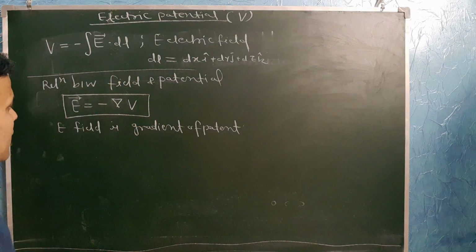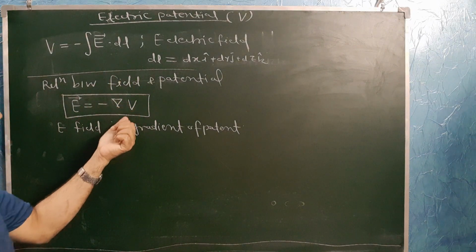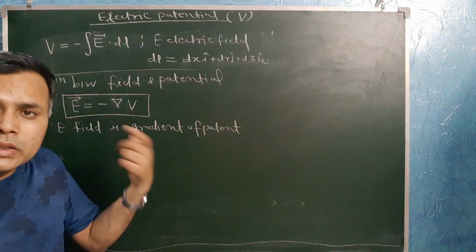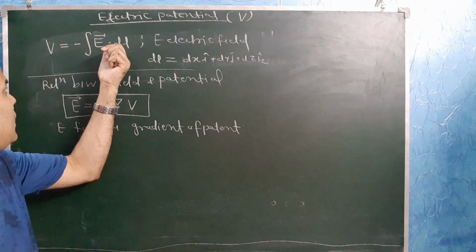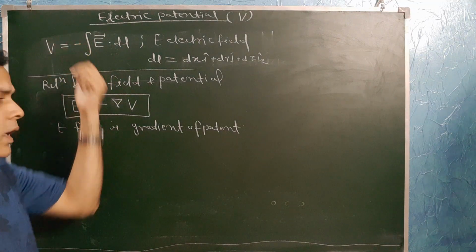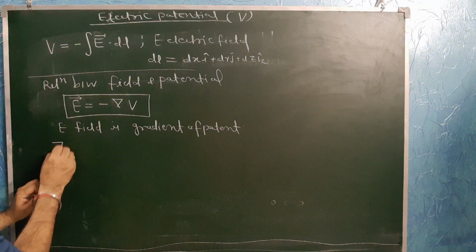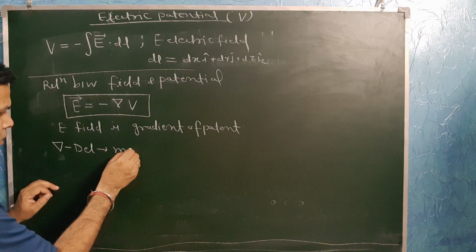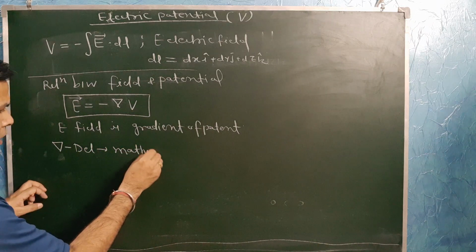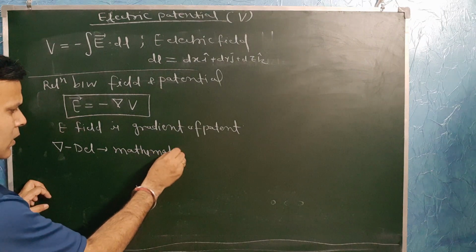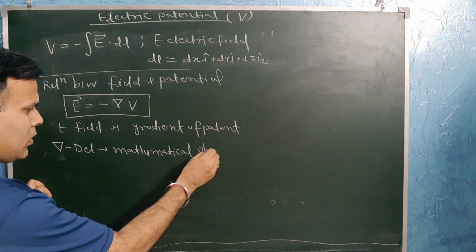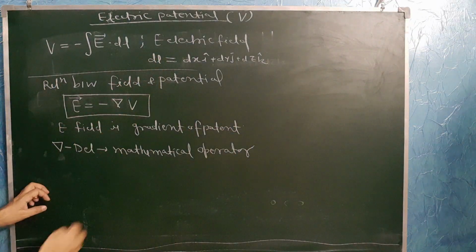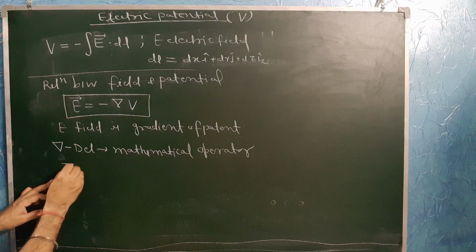With these two expressions, we can conclude that we can find the electric field for a given potential, and the converse is also possible. For a given field we can find the potential. This del is known as del, simply a mathematical operator. Like the length element, it has different profiles.